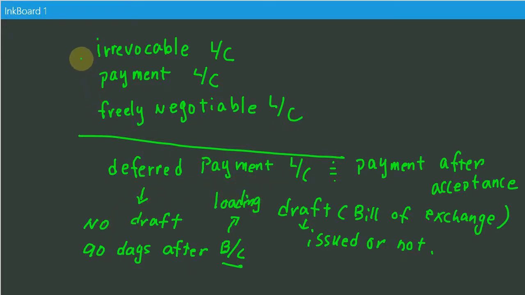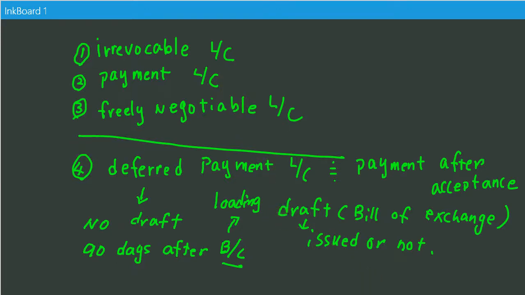This is a type of LC I told you, right? Number 1, number 2, number 3, and number 4. Deferred payment LC does not request a draft, it just expresses, like 90 days after BL, bill of lading. The bill of lading is the document proving discharging or shipment of the product.